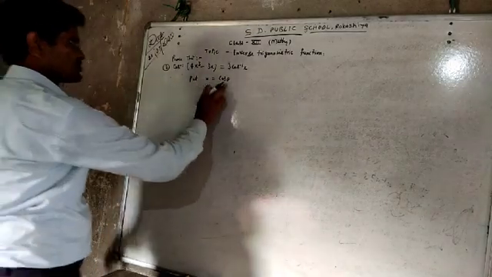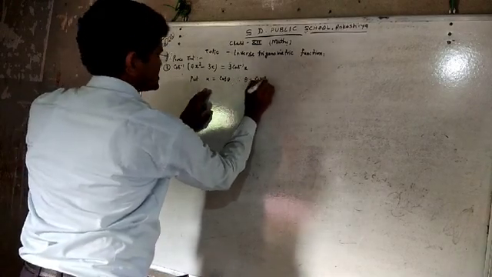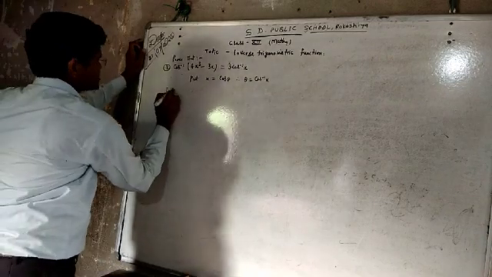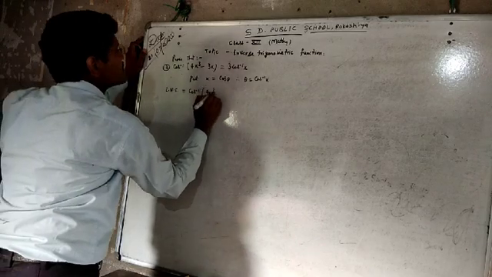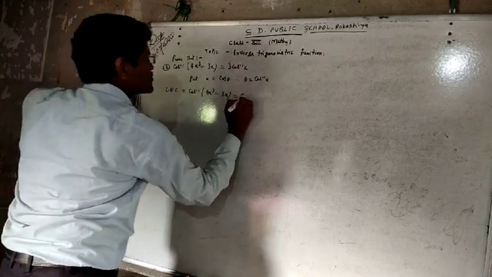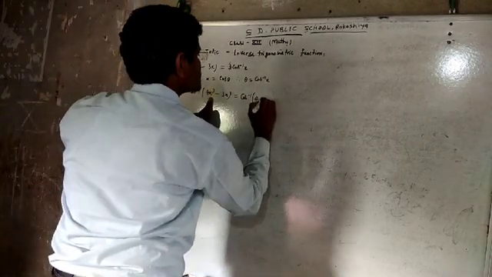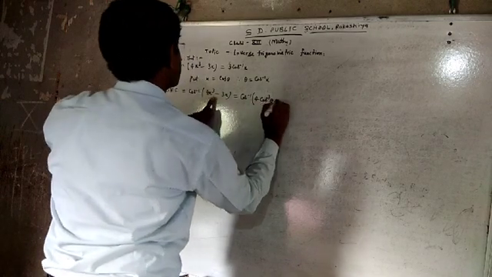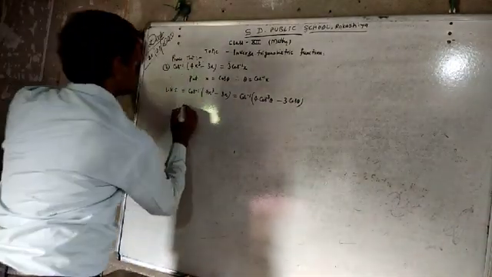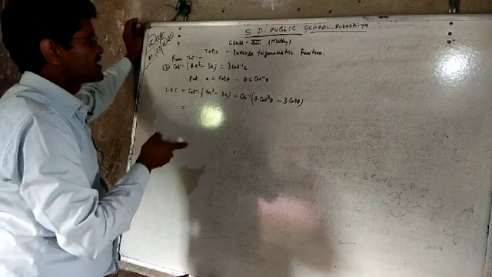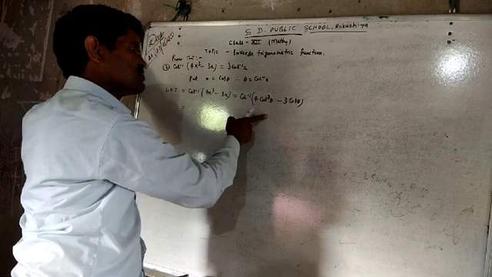If x equal to cos theta, therefore theta is equal to cos inverse x, and LHS is equal to cos inverse (4x cube minus 3x), which is cos inverse of 4 into cos theta cube, meaning 4 cos cube theta, minus 3 cos theta. We have read in class 11 that 4 cos cube theta minus 3 cos theta is equal to cos 3 theta.